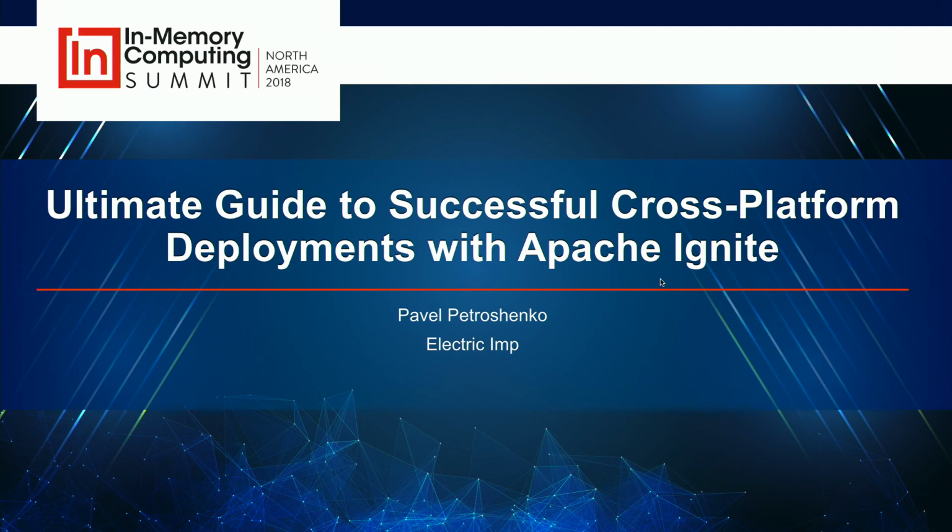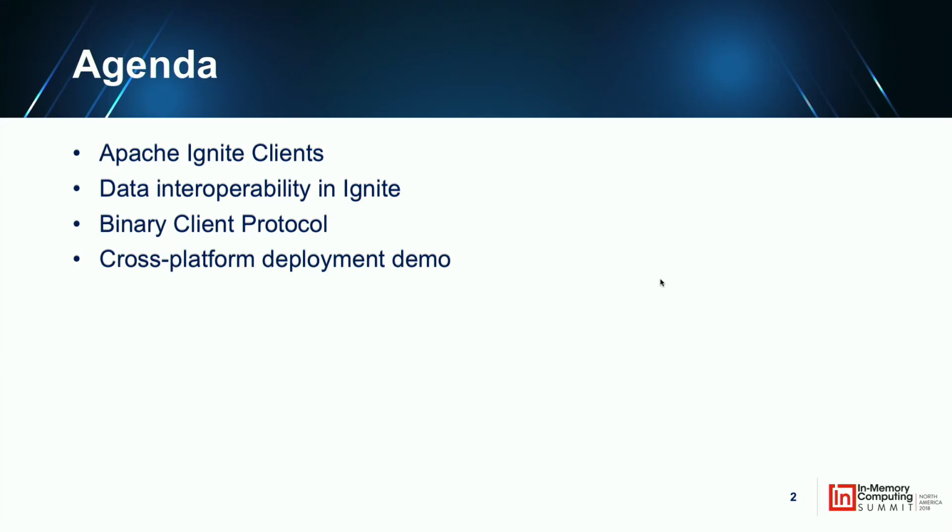I will first talk about Apache Ignite clients, because this is my interest in this area, and I participated in a number of Apache Ignite clients development, which I will talk a little bit later about.